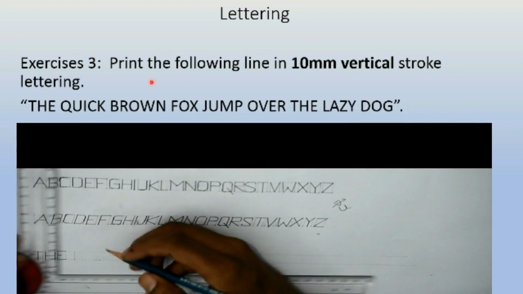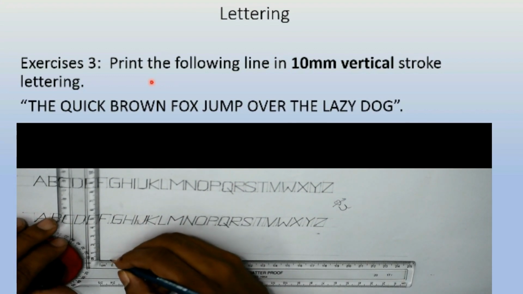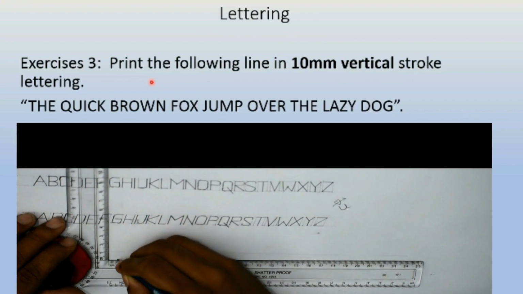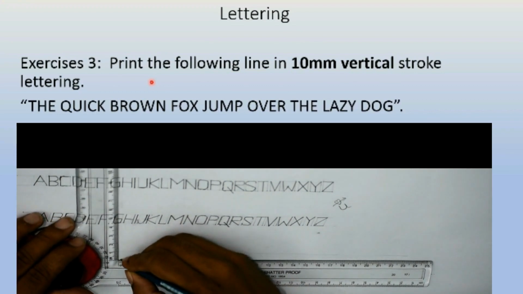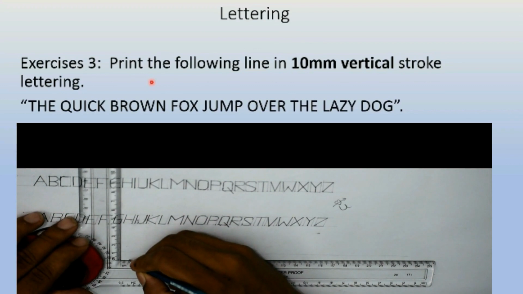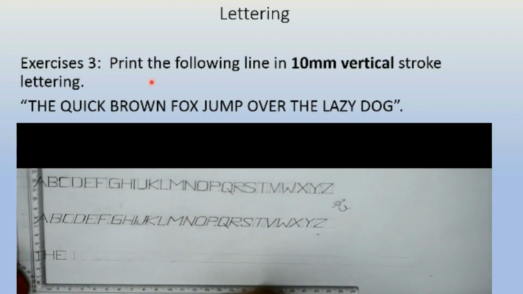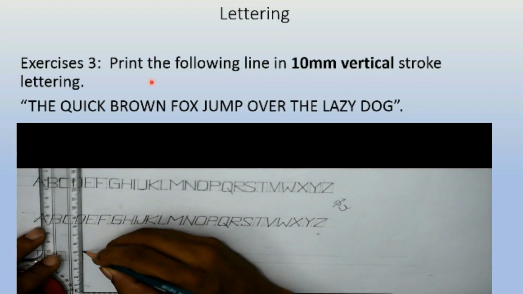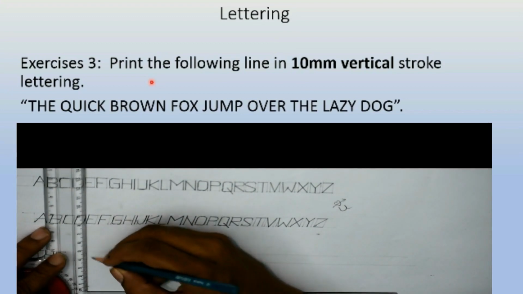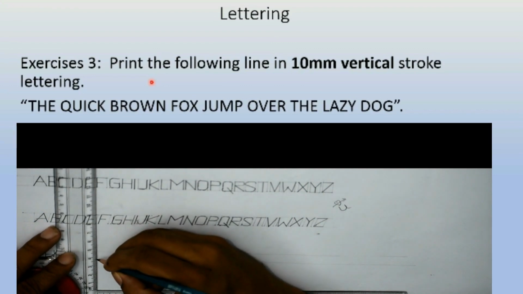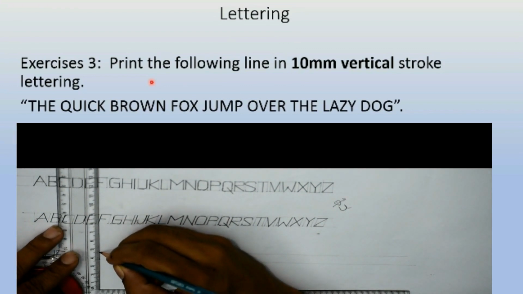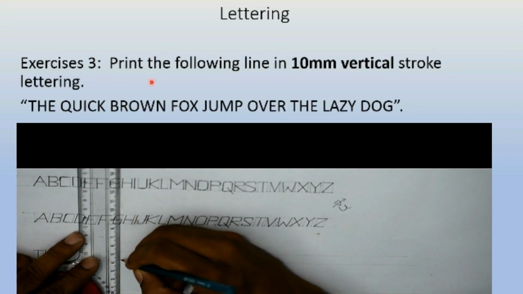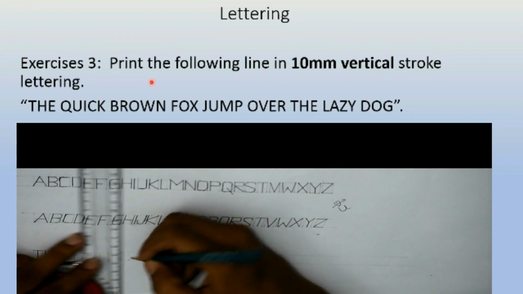Q, U, I, then again 7 mm for C, and then again 2 mm gap, 7 mm width for K. So this is for Q, this is for U, this is I, this is for C, and this is for K.